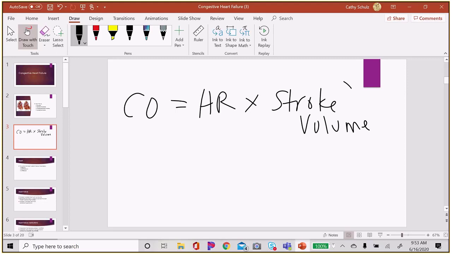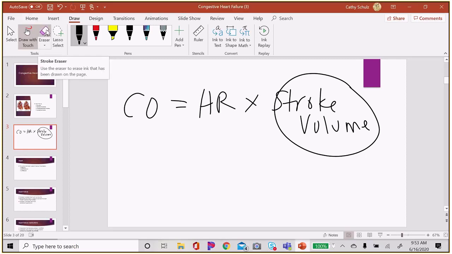The other part of this is stroke volume, because these are the things that we target in terms of medications. How can we bring stroke volume up? How can we bring cardiac output up? We can only bring the heart rate up so high without hurting the patient. So we don't manipulate the heart rate as much as we try to fix stroke volume.